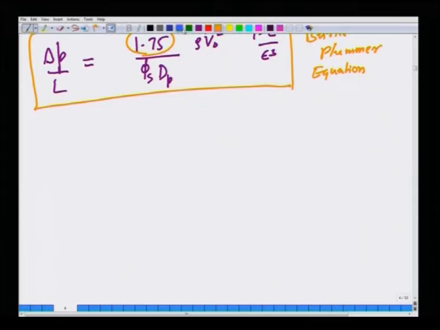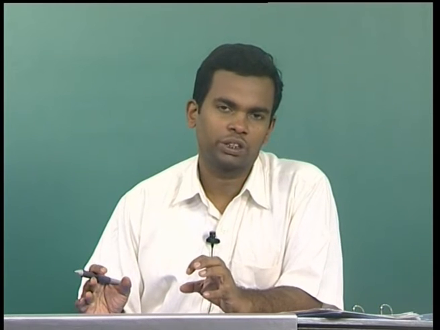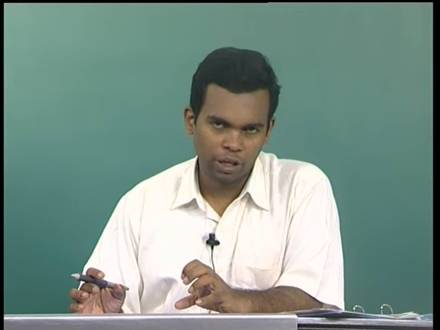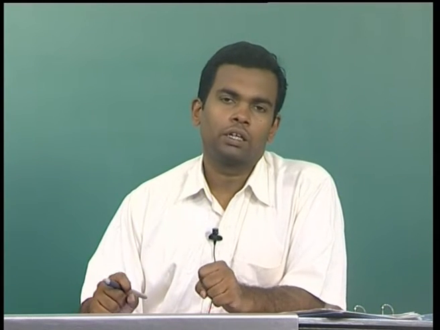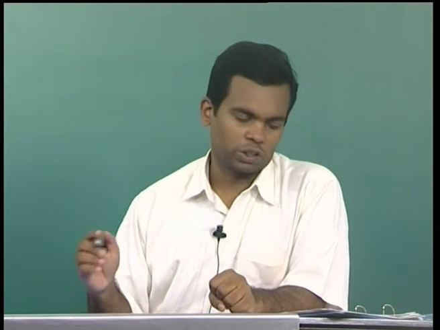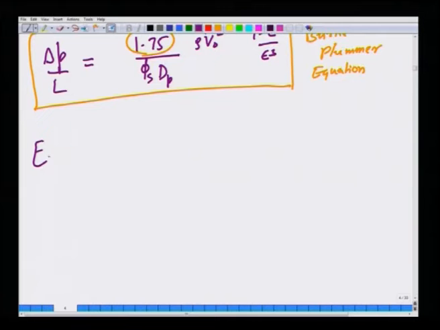Now, there is another approach which linearly combines, which merely adds these two expressions, the Kozeny-Karman equation and the Burke-Plummer equation, and it claims that it is valid for any Reynolds number. That is called the Ergun equation.